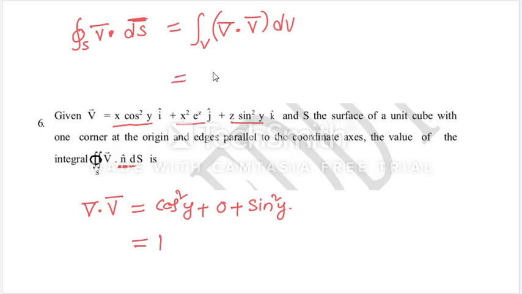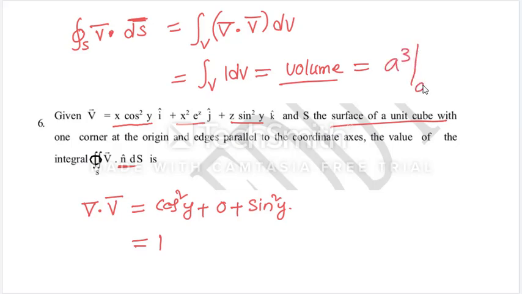So from this, it is the volume integral of 1 into dv. So I can write it as simply the volume of the unit cube. The volume of a unit cube is a cube, where a, the side, is 1. So the answer is 1.